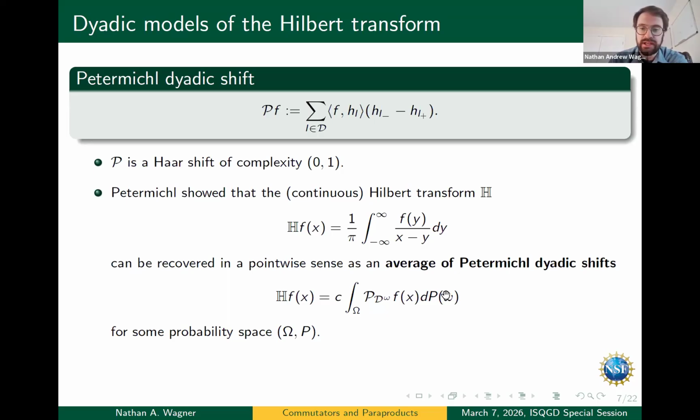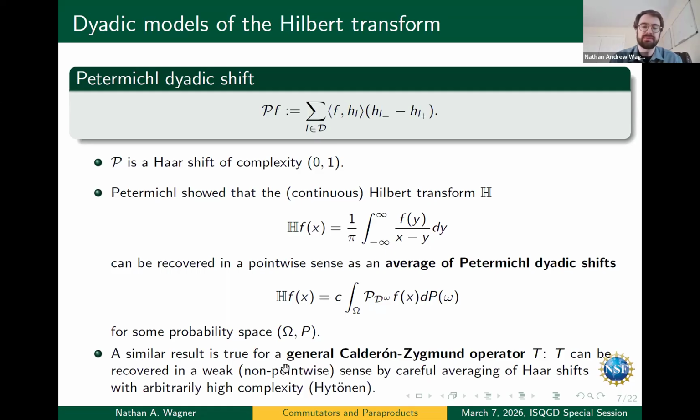via an averaging of these dyadic shifts over some probability space. And you should think of this probability space as basically parameterizing a collection of dyadic grids where we shift the dyadic grids around or we dilate them. I'm sweeping a little bit under the rug here, but the basic idea is that if you average these operators out over some collection of shifted and dilated dyadic grids, then you recover this continuous object.